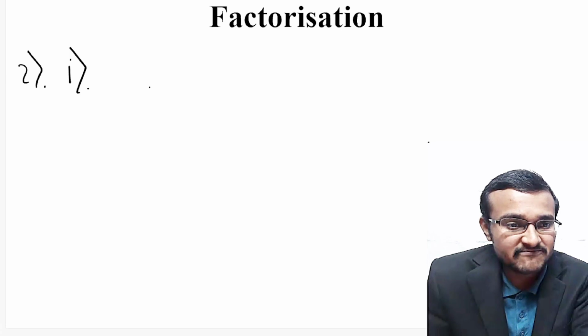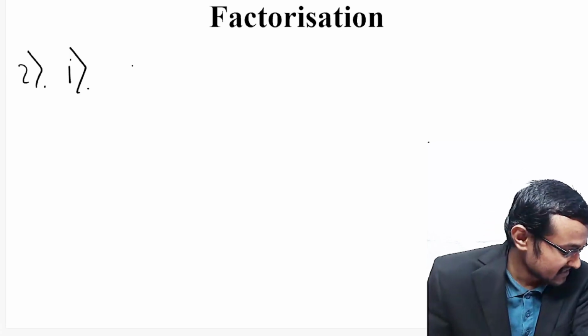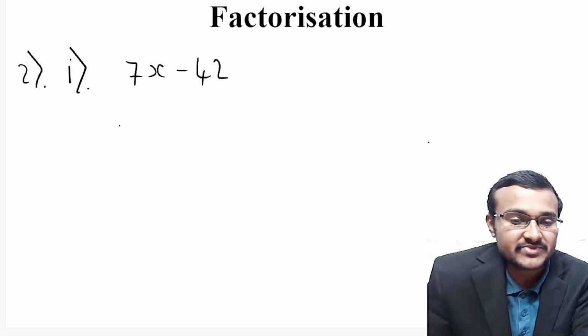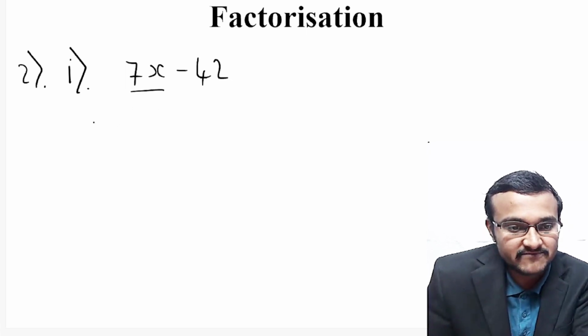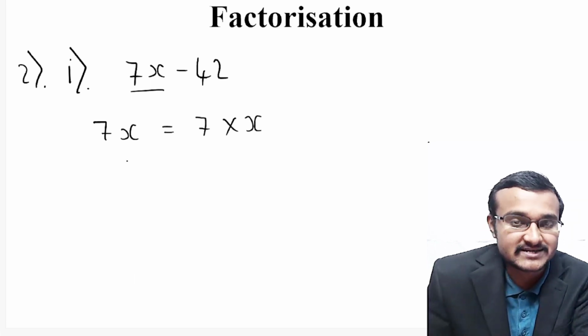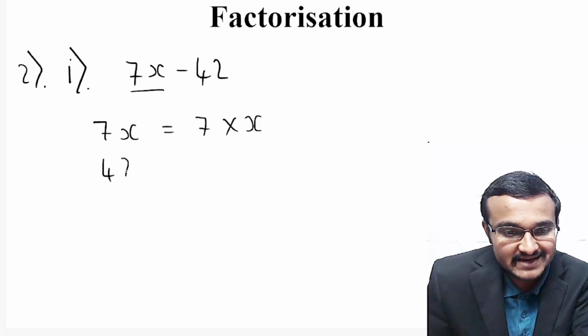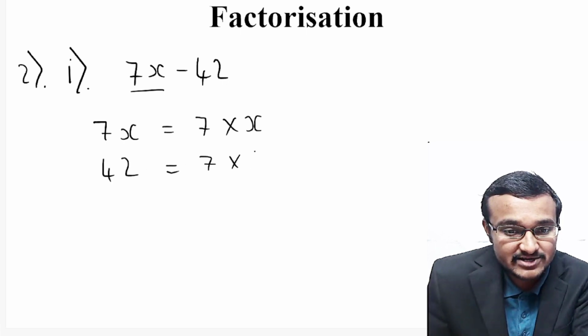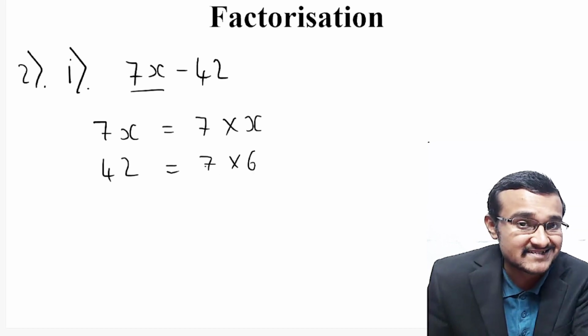So coming to the first question in this particular second question, there they have given 7x minus 42. Now take this particular first term in this particular binomial, that is 7x. So 7x can be written as 7 into x. So 42 is there. 42 can be written as 7 into 6 because 7 into 6 is 42.